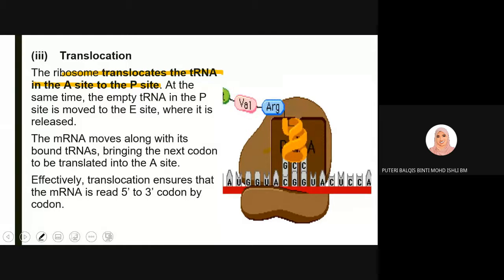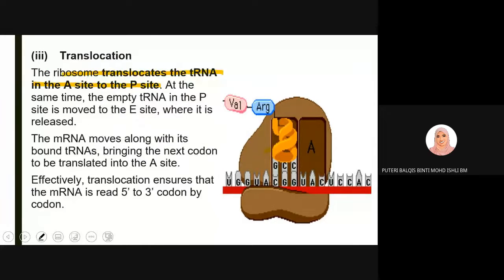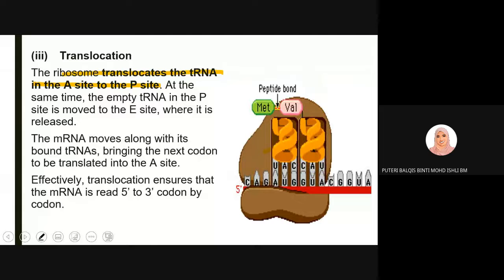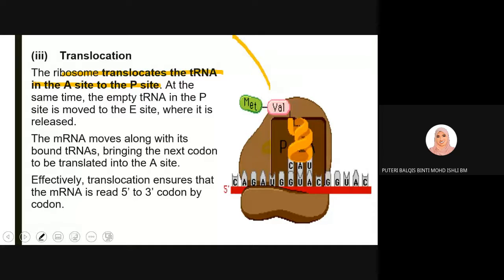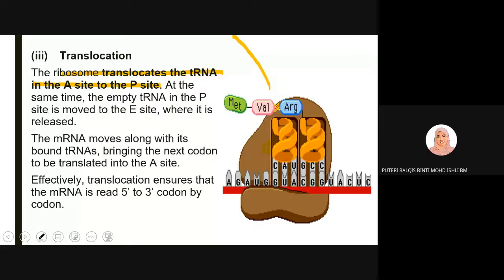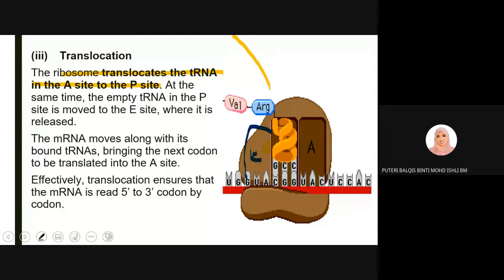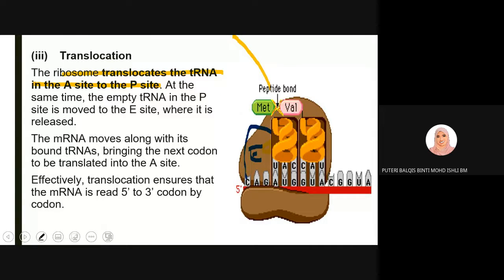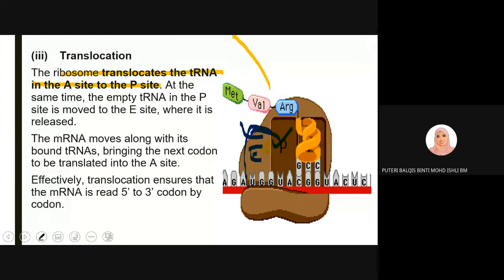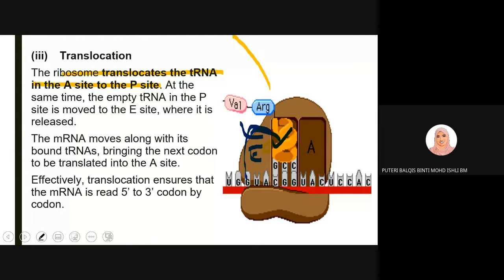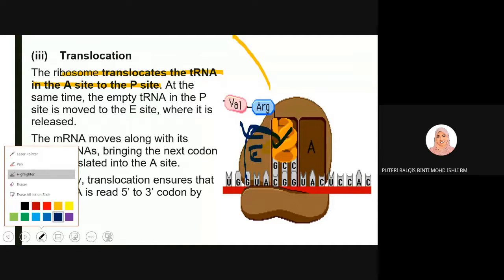Translocate. P site. Actually, dia tak tunjuklah dalam gambar ni. Tapi lepas yang ni, dia bukan terus keluar macam tu saja. Dia akan masuk ke dalam E site. Sepatutnya GIF ni ada satu lagi lah, E site. Sepatutnya dia pindah ke dalam E site dulu. Contoh kan, yang ni. Dia akan masuk ke sini dulu, E site. Cantum, dah tak ada kepala tu, barulah dia akan pindah kepada E site.